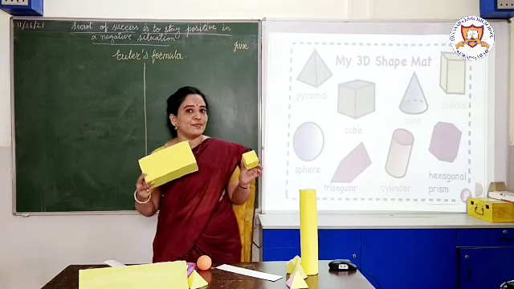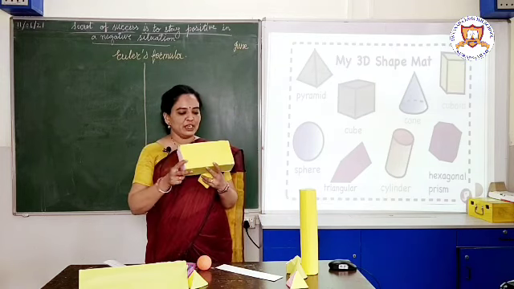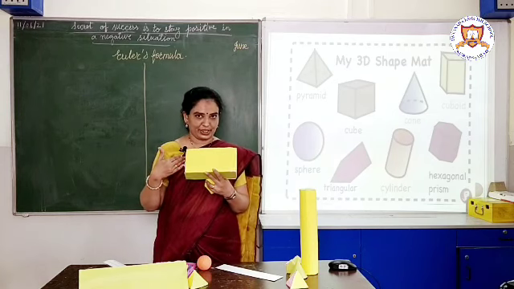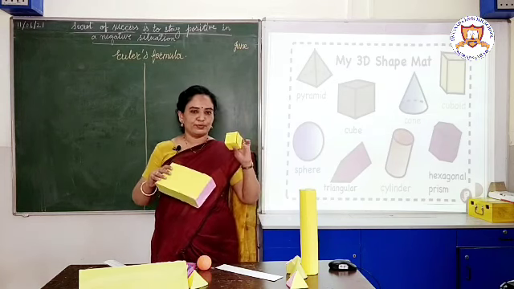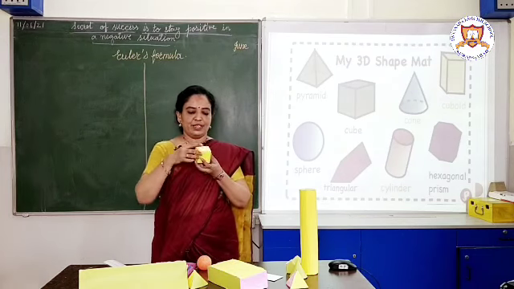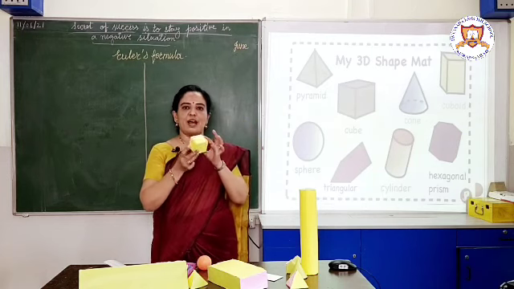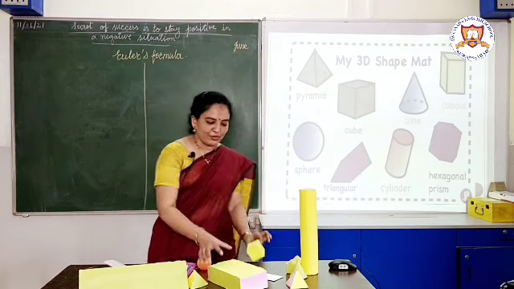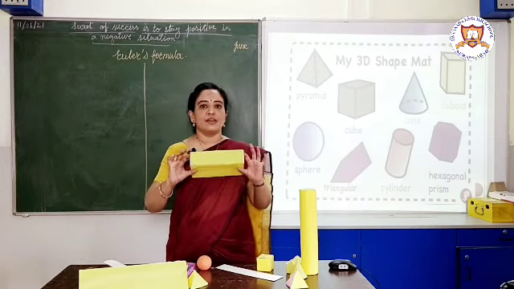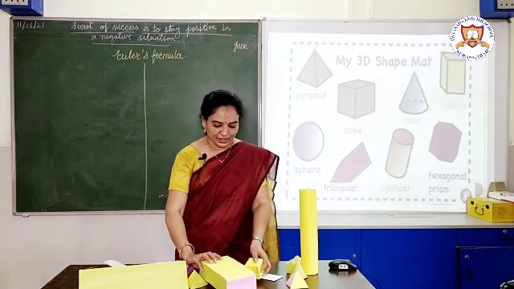See, a cuboid has rectangular surfaces, and a cube has square surfaces. If you observe a cube, all surfaces are square. And if you observe a cuboid, all surfaces are rectangular. This is the difference between cube and cuboid.